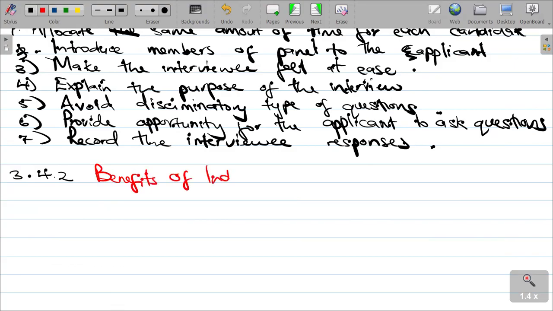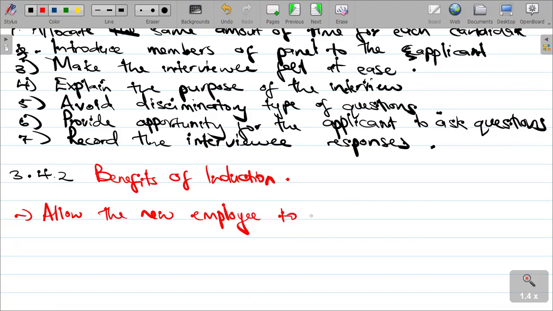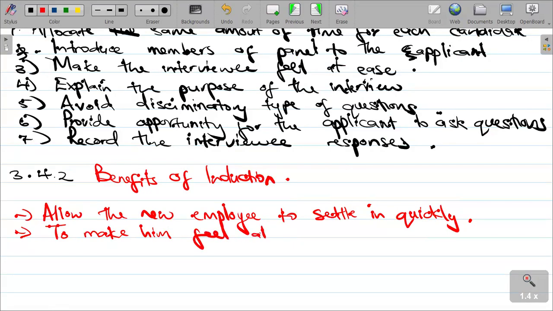These include to allow the new employee to settle in quickly, and also to make the new employee feel at ease, and also to meet the expectations of the employee, as well as to increase the quality of performance.